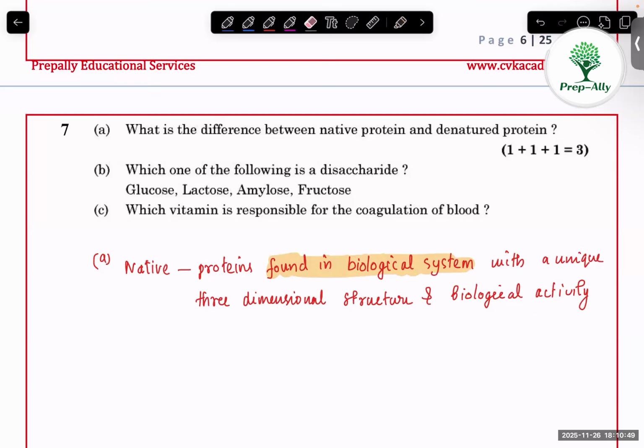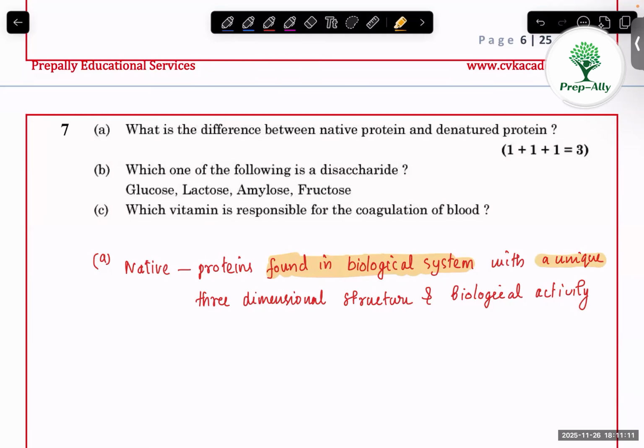Now, another important thing is since it is found in every biological system, it will have its own property. You think about it, any protein in our body, it will be having its own particular structure. No proteins need to be synthesized separately. So they have their own shape as well as structure. So that also you need to mention.